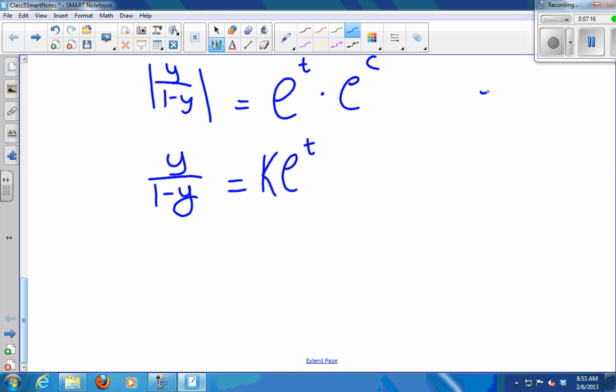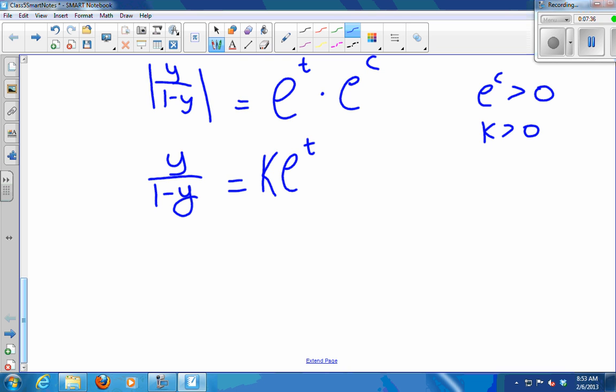So e to the c is always positive, right? Which means that k is always positive. So I can drop the absolute value bars because this thing is always positive. So I'm not dropping it because k can be plus or minus.